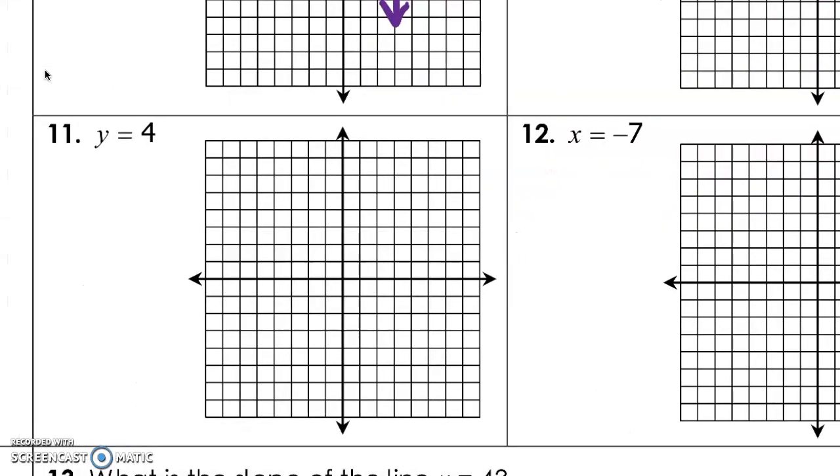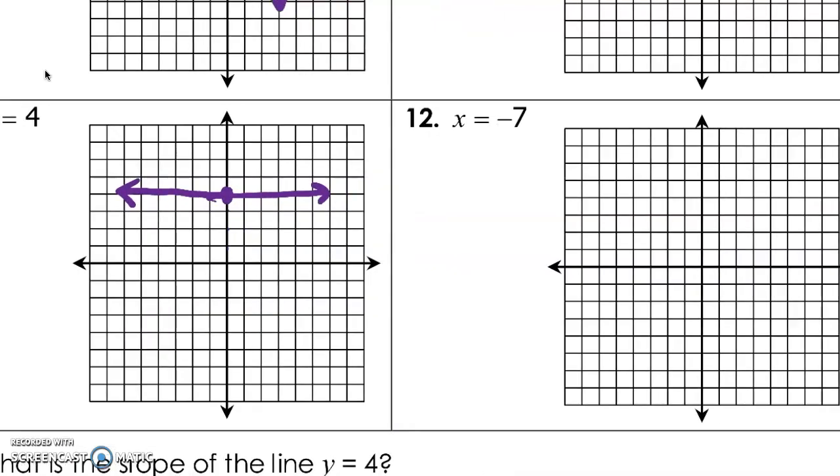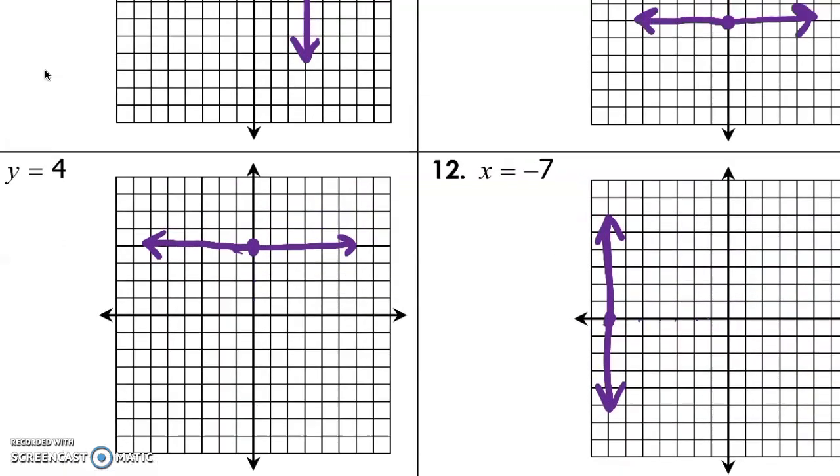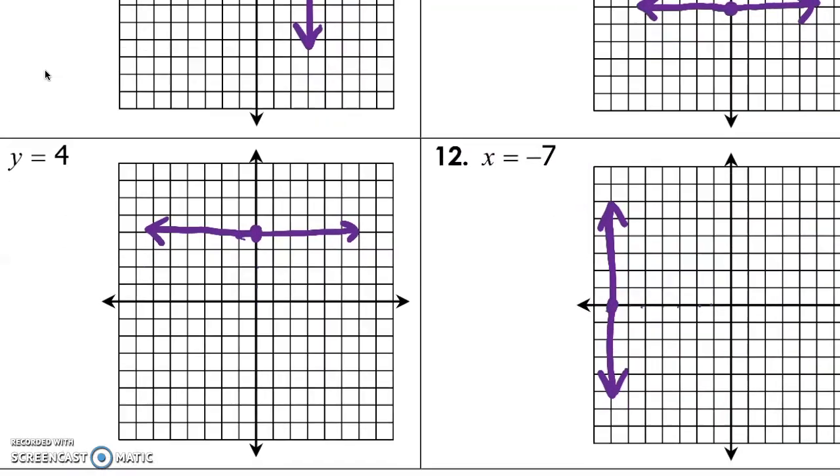Number 11, y equals 4, up 4, put my dot, straight across. And number 12, x equals negative 7 means I go left 7 and then draw straight up and down. So x equals is going to go straight up and down. First you count left or right to figure out your starting point, and then you draw up and down. If it's a y equals, you go up or down first and then draw across.